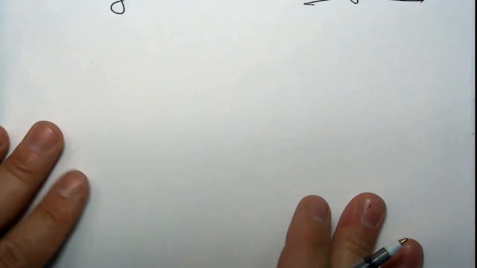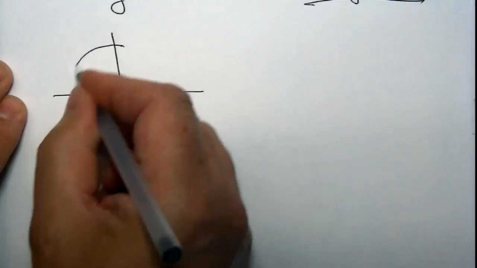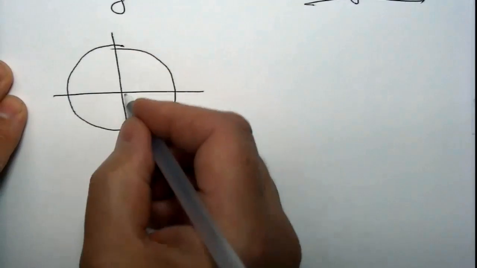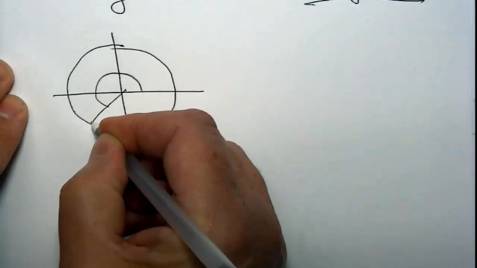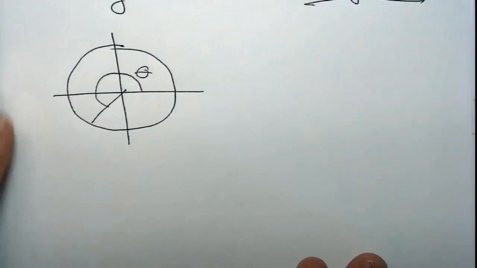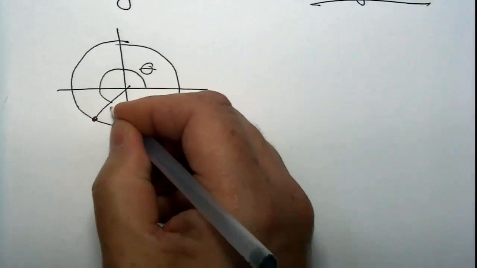So let's say, for example, we draw a circle. Got our circle here. And we open up an angle that's this big. Now, there's just no way you're going to fit that inside of a right triangle. However, you know your radius.